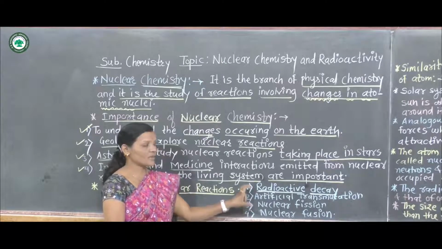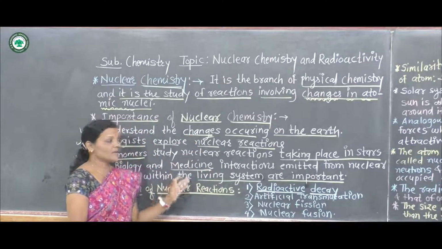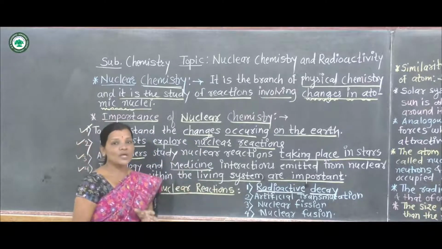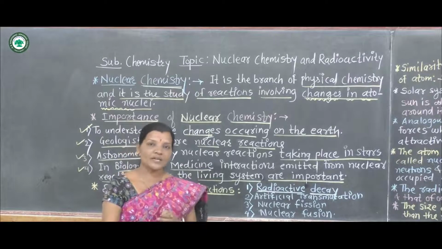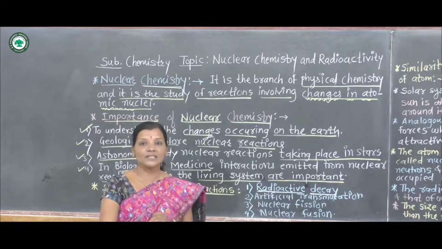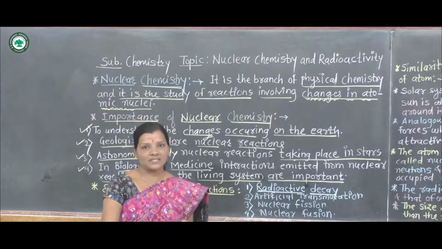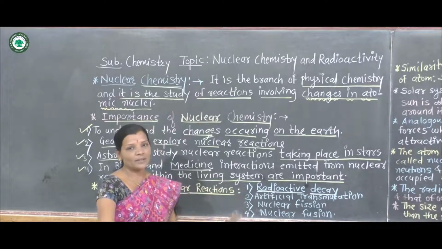All these types of reactions are studied in different branches. So nuclear chemistry is the branch of physical chemistry, and it is very important in all types of sciences, and so this topic is very important.